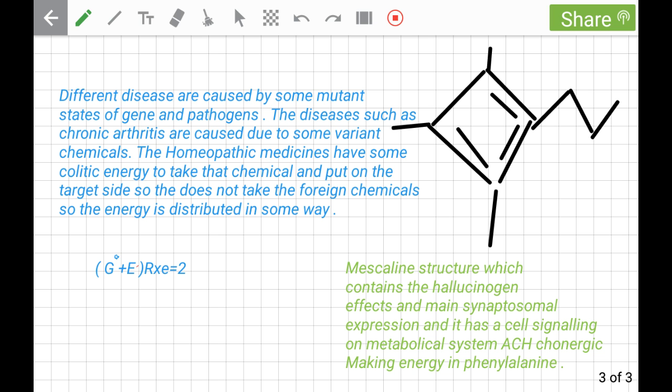Different diseases are caused by some mutant states of gene and pathogens. The diseases such as chronic arthritis are caused due to some variant chemicals. The homeopathic medicines have some colytic energy to take that chemical and put it on the target site, so that the metabolical system, which is designed in such a way that it does not take foreign chemicals which are invaders.